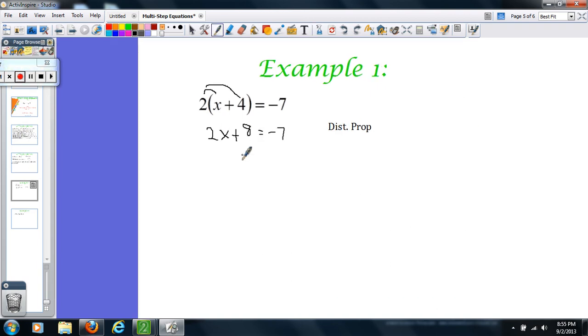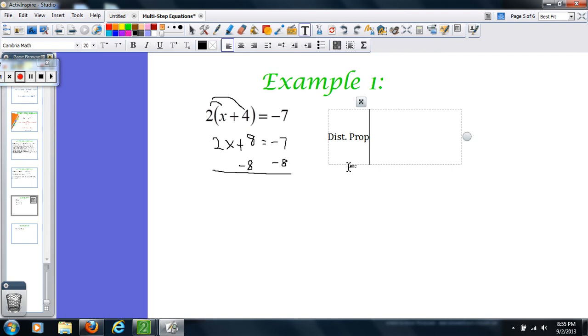And then from here, this problem actually looks very similar to what we had before. So I'm going to subtract 8 from both sides here. Subtracting 8 from both sides is my addition property of equality, and that's going to be this step here.